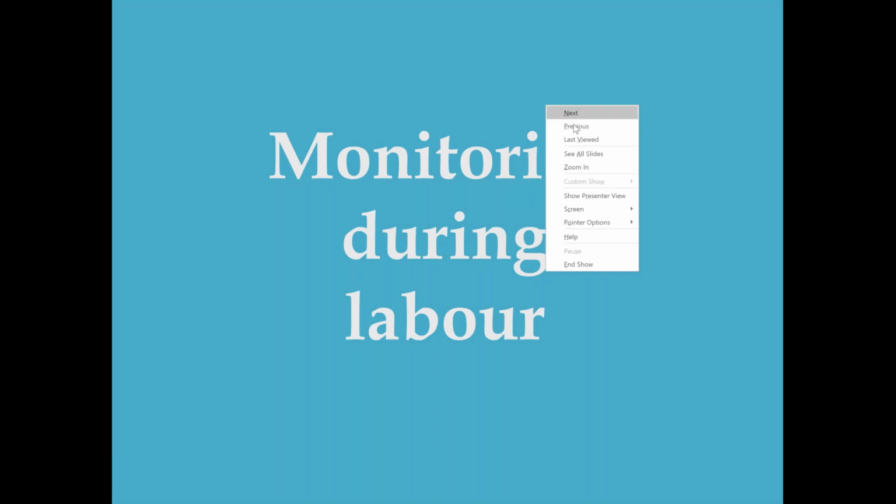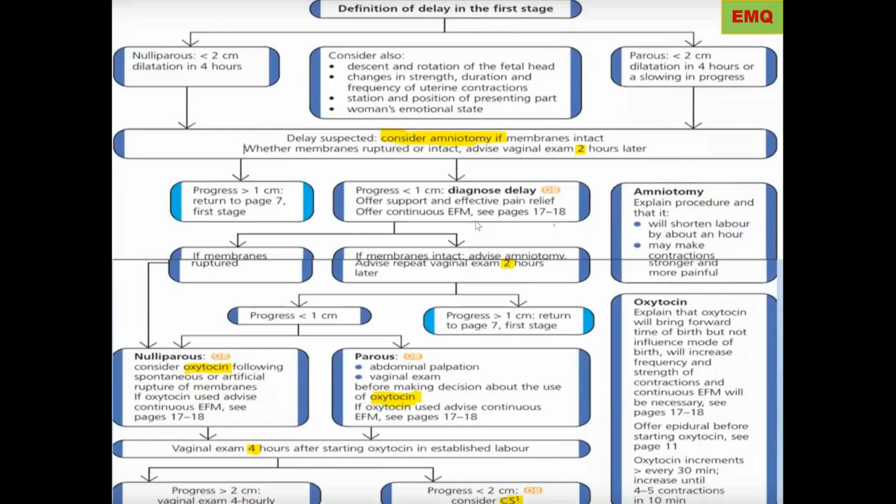I will discuss it again. Look at this chart. Here, this suspected delay, and you do VE and you found this 2 centimeter. Here, the nulliparous is about less than 2 centimeter in 4 hours.